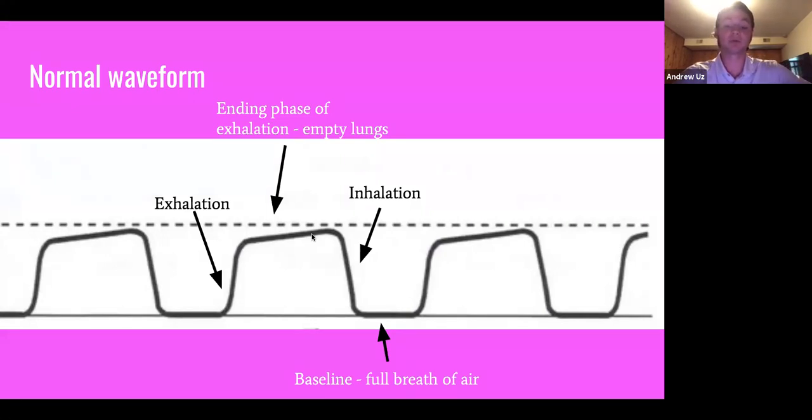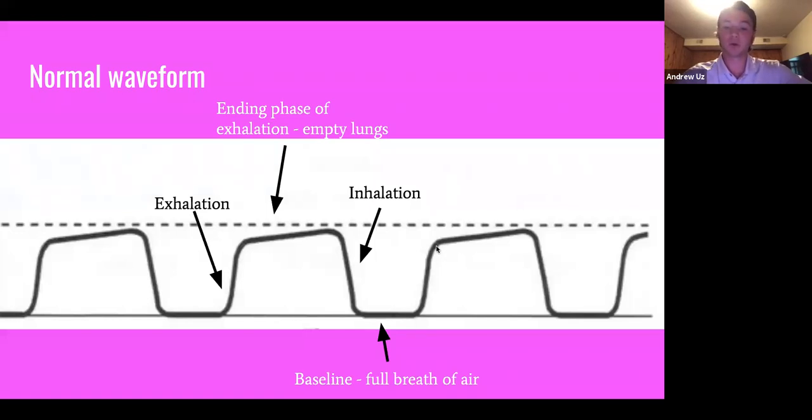But remember, this is looking at the air that you're breathing out. So the initial spike is exhalation. The middle part is you breathe out, you hold it a little, and then you breathe in. That downward spike is the inhalation. You have a full breath of air for a second, and that's your baseline, and then you breathe out, and that spikes it again.